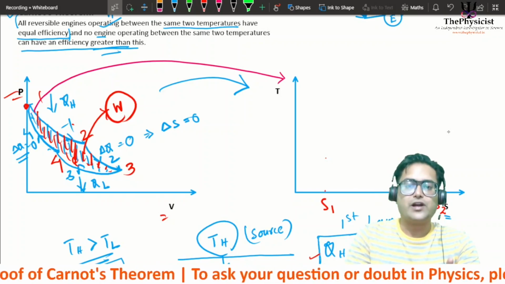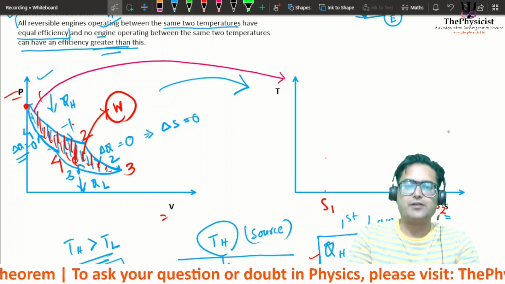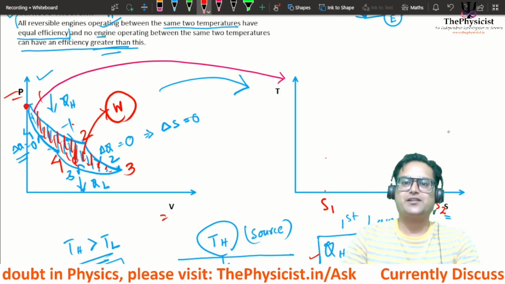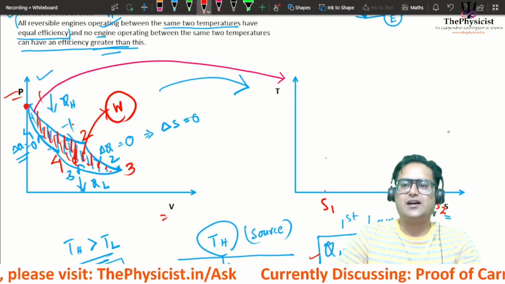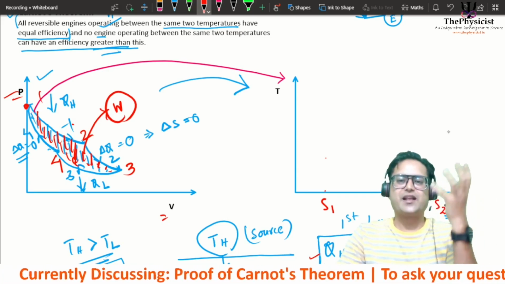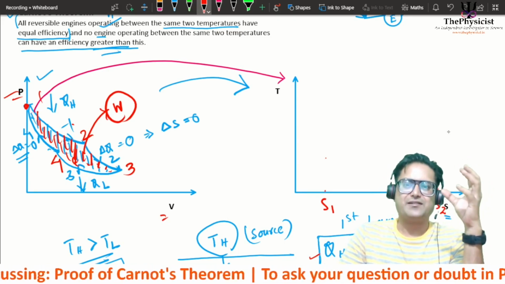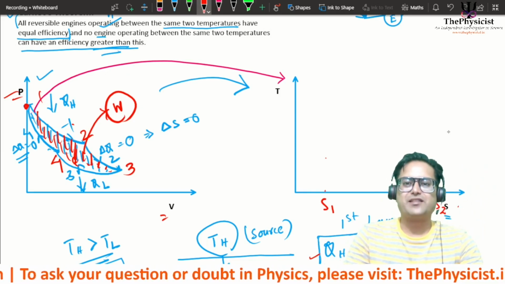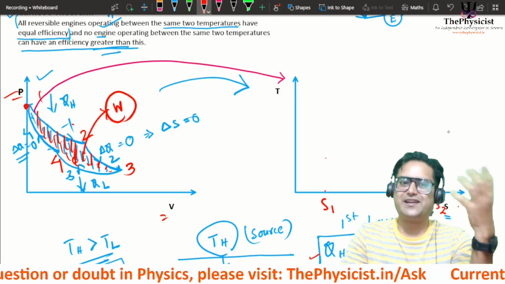All right. Now that we have understood the PV diagram, let's understand a corresponding diagram called the temperature and entropy diagram, the TS diagram. Here, our approach is going to be a little different, actually the opposite. Why? Because we are the engine, right?